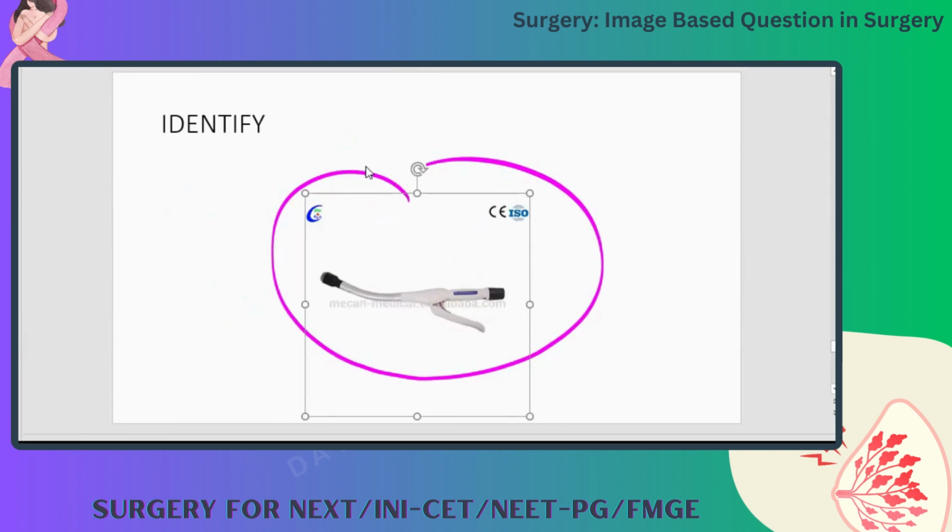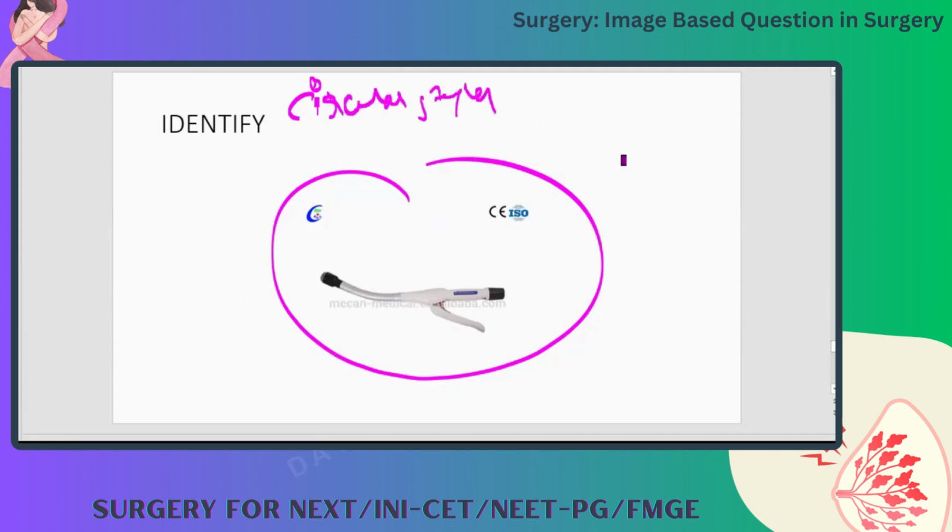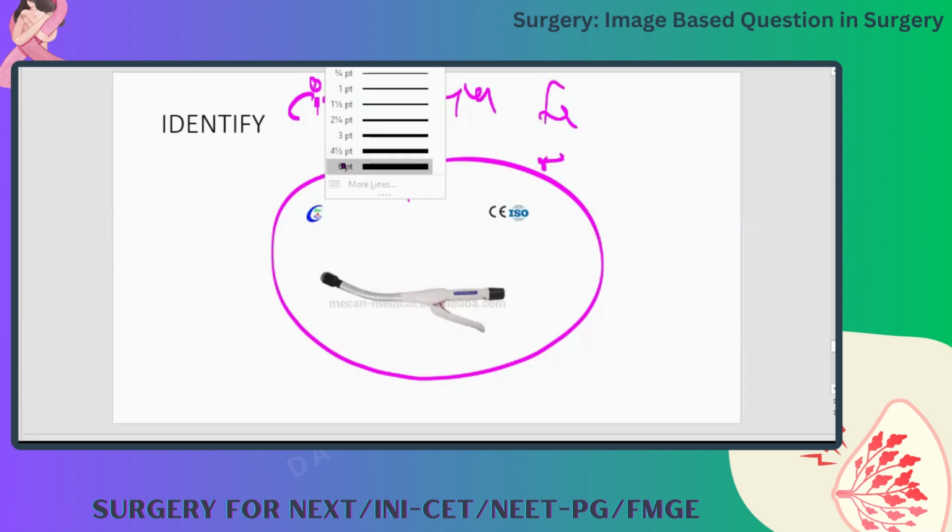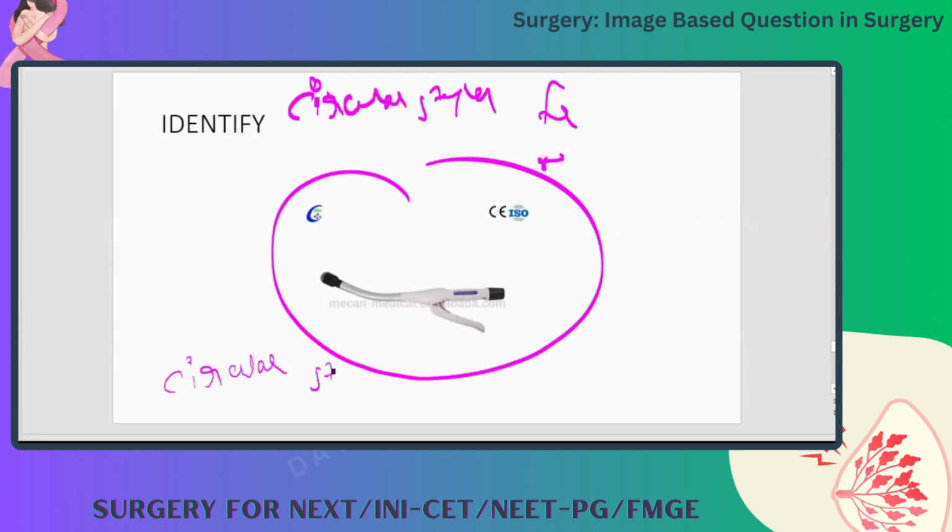It is known as a circular stapling device for bowel anastomosis.